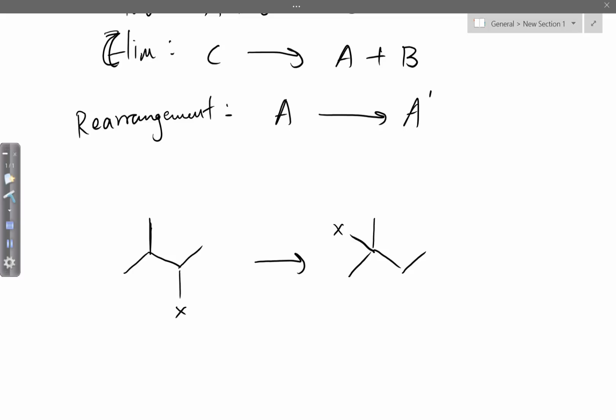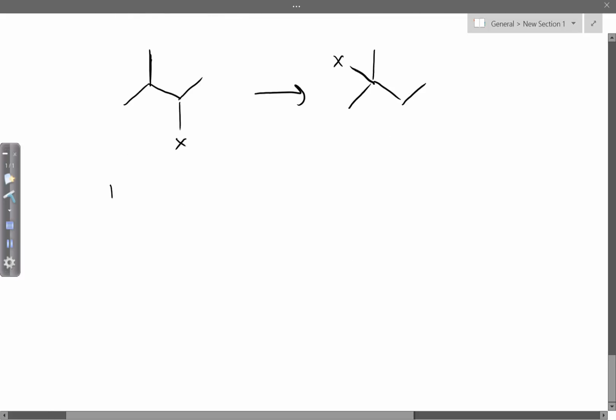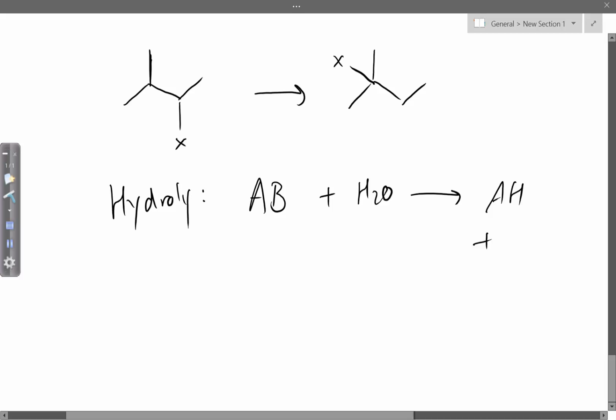The next is hydrolysis, using water to break bonds apart to end up with two or more products. So hydrolysis is quite obvious, right? Because like what the word hydrolyze suggests, you need water. So most of the time you have AB plus water to get AH plus BOH, right?